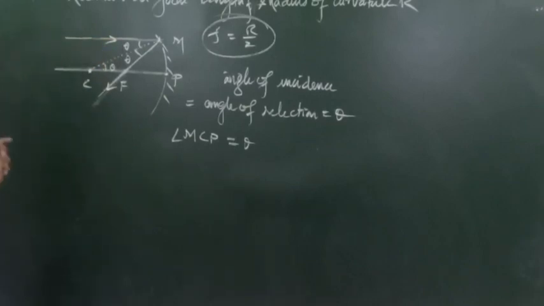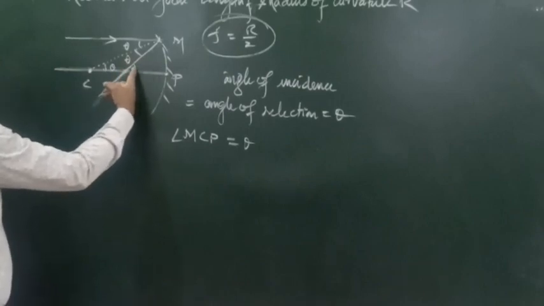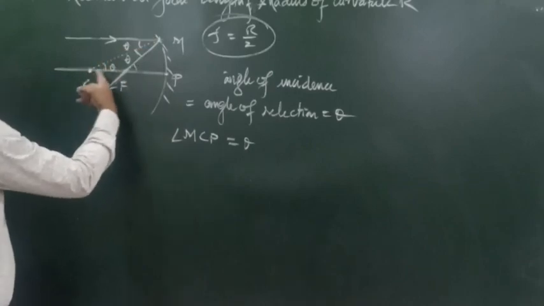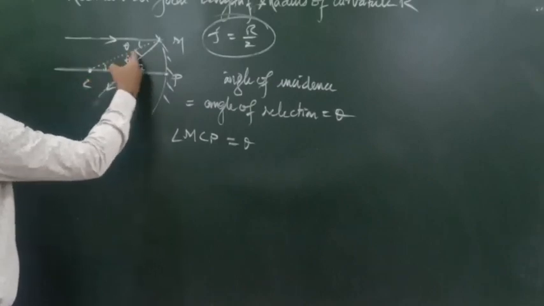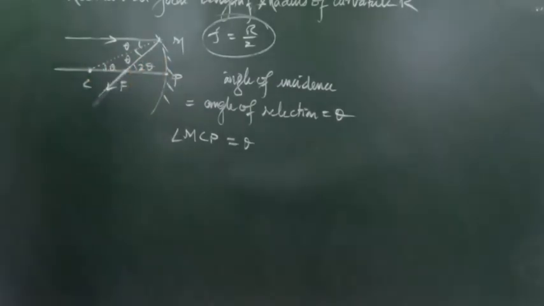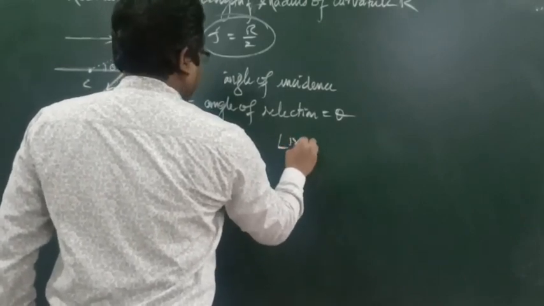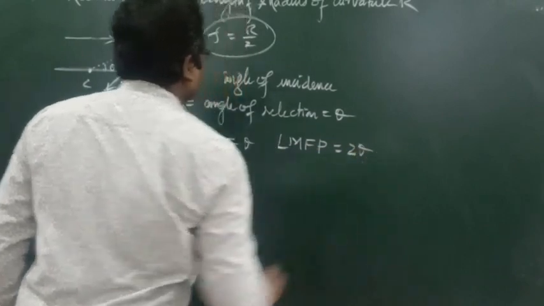Also, if you think of this angle, it is the exterior angle of this triangle, and when it is an exterior angle, it should be theta plus theta, which is 2 theta. So very well, angle MFP will be equal to 2 theta.